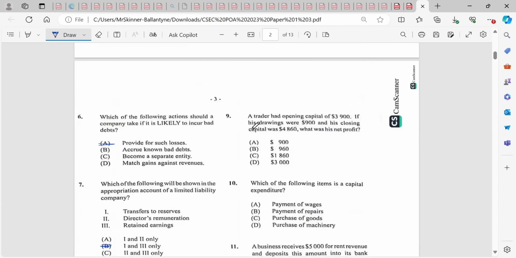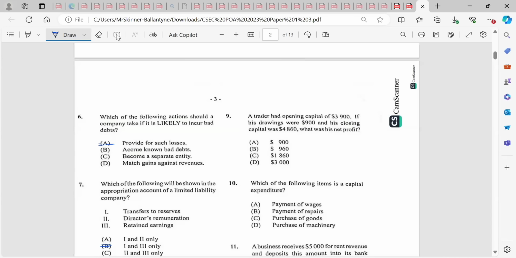Number 9. I tell you, they always bring a question like this. If the trader had opening capital of 3,900, his drawings were 900 and closing capital was 4,860, what is his net profit?